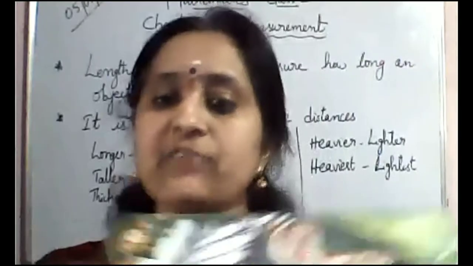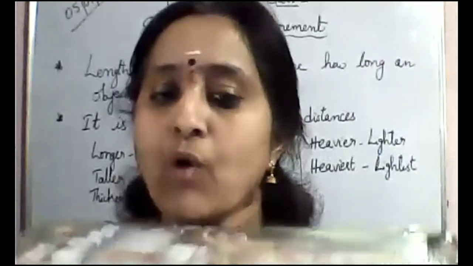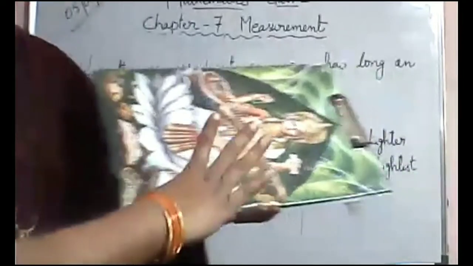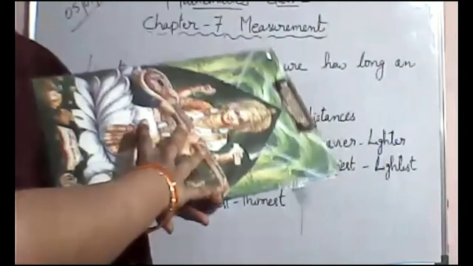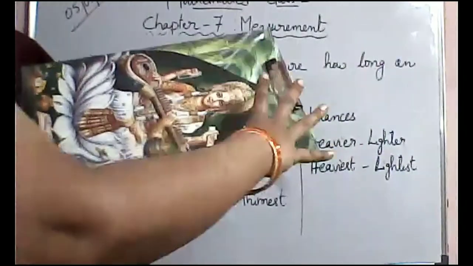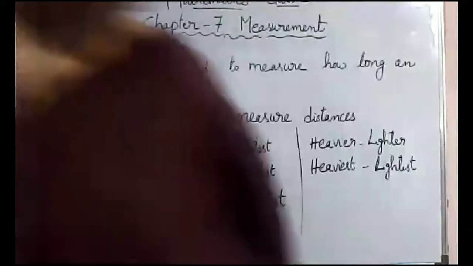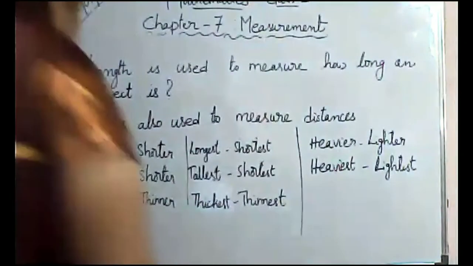Children, did you understand what is a hand span? Now I am going to measure this exam pad using my hand span. So from here to here 1 and here 2. So this exam pad is 2 hand spans. And now I am going to measure our blackboard.